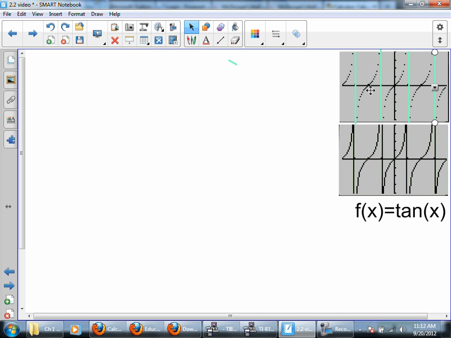There are infinitely many asymptotes for the tangent graph, actually, and they all show up here. Now, in connected mode, the cool thing is that those asymptotes actually do show up because they connect this point up here that is infinitely high and this point way down here that's infinitely low, and it connects them. So those are vertical asymptotes.